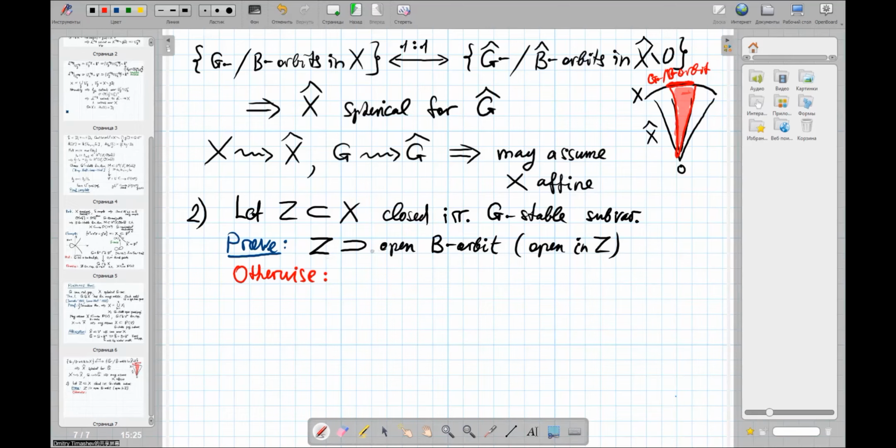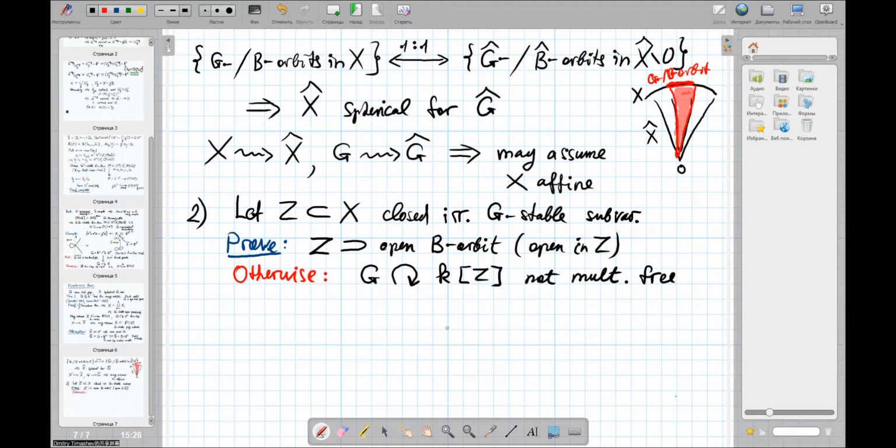So if we assume the contrary, that Z does not contain an open B orbit, then by this equivalence the representation of G in the coordinate algebra of Z is not multiplicity free. There exists an irreducible representation of G occurring in this coordinate algebra at least twice.